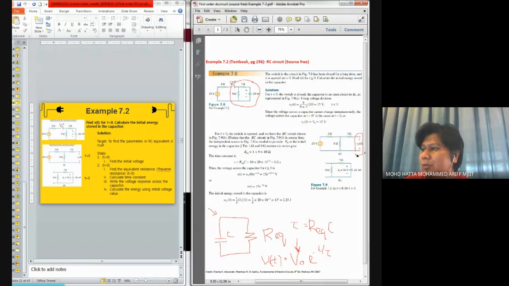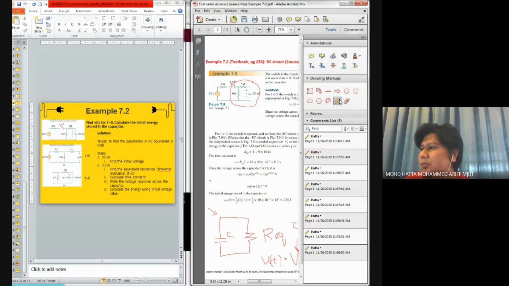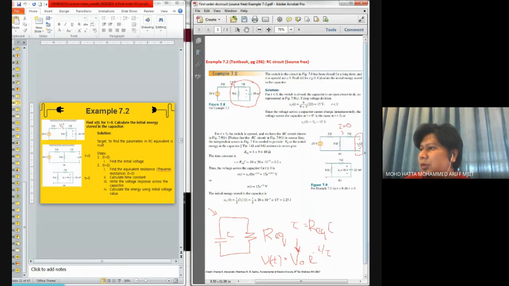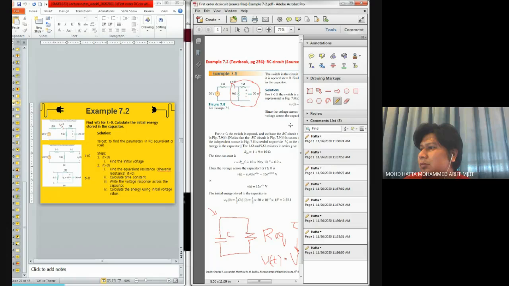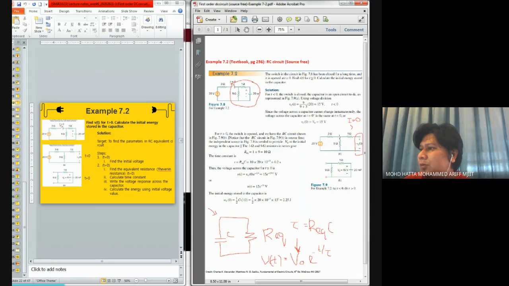Voltage drop across here, if this is an open circuit, meaning there is no current flowing through here, I will be equal to 0. And the voltage VC is basically the voltage drop from here to here.